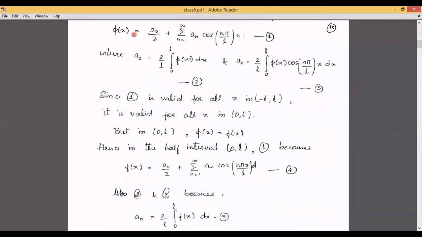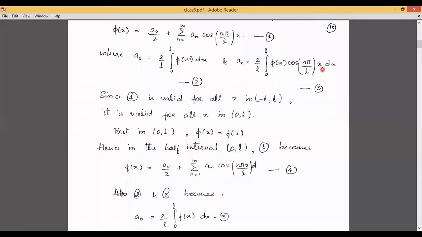Phi of x is equal to a naught by 2 plus summation n equal to 1 to infinity a n cos n pi x by L, because b n is equal to 0 for phi of x is an even function. Okay, where a naught is equal to 2 by L integral 0 to L phi of x dx, a n is equal to 2 by L integral 0 to L phi of x cos n pi x by L dx.